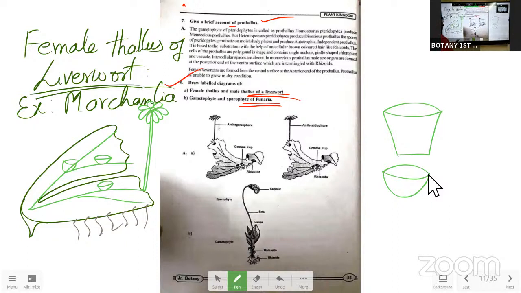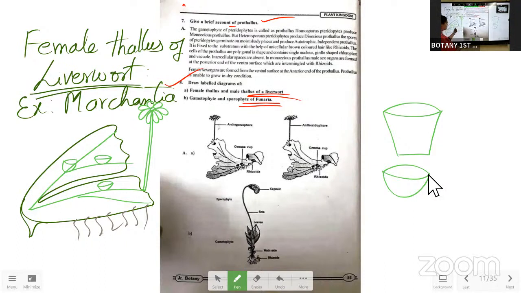While seeing those gemma cups, they will look like this, like two fingers. This is the cup-like mouth. Imagine. And this is the gemma cup. The bottom part is completely immersed in the thallus, and only the upper part is visible to us.